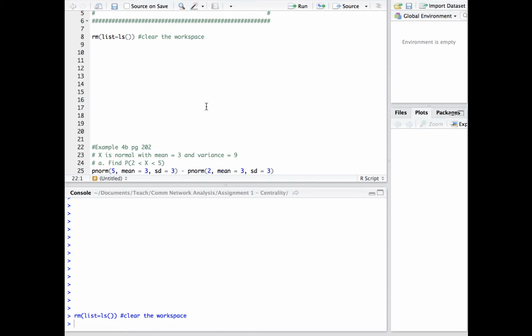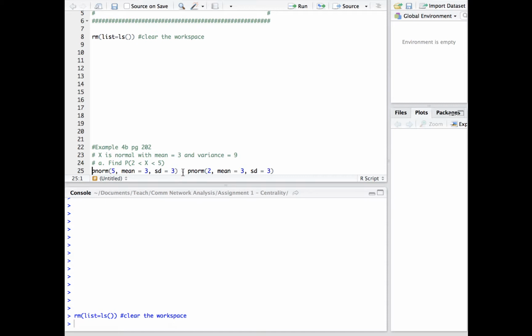So we use the pnorm command here, and for pnorm we're going to enter 5. This is using the distribution function, so it tells us the probability that a randomly sampled variable is less than or equal to 5. The mean is defined as 3, and the standard deviation is defined as 3, because the square root of the variance is 3.